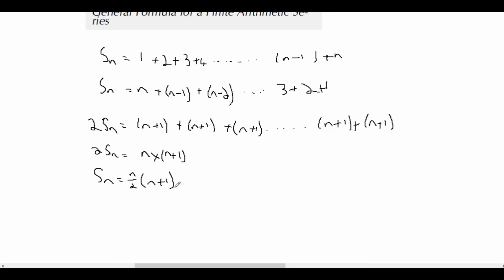So if you wanted to count what would be the sum to the point 100, we'll say S of 100 is equal to 100 divided by 2, times 100 plus 1. 100 divided by 2 is 50, times 101, and that gives us 5050.